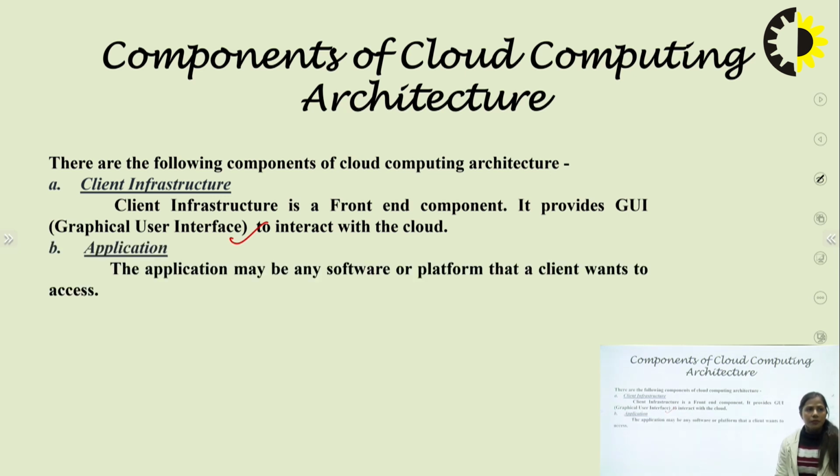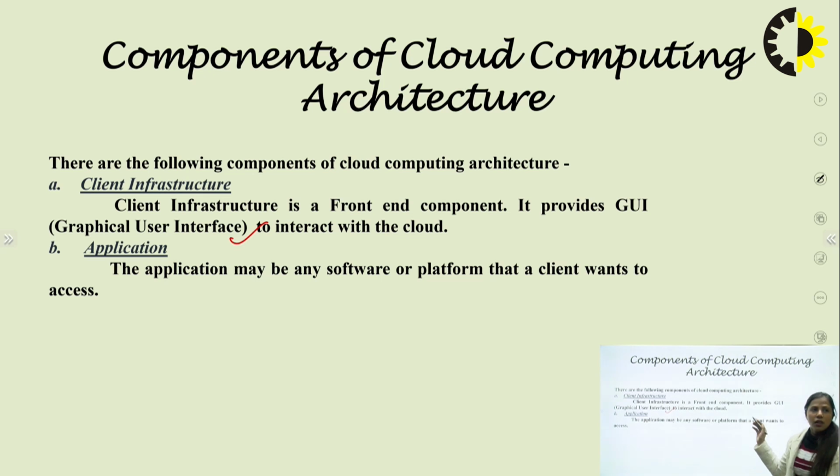Now, the next part is application. Through the applications, we can access whatever information we want. Application may be any software or a platform that a client wants to access.